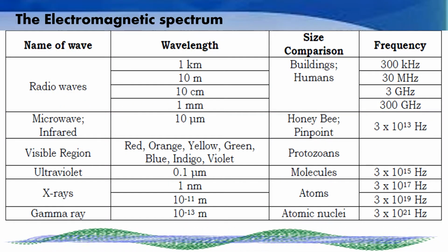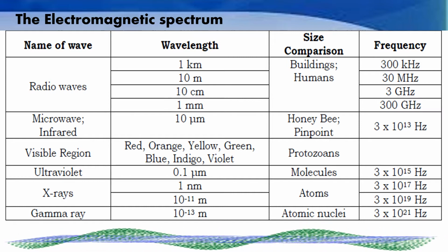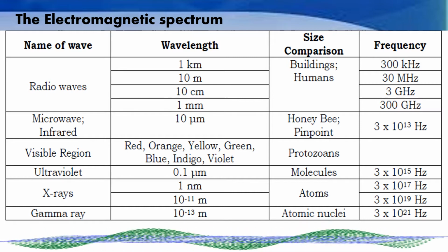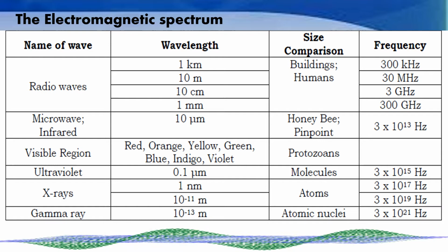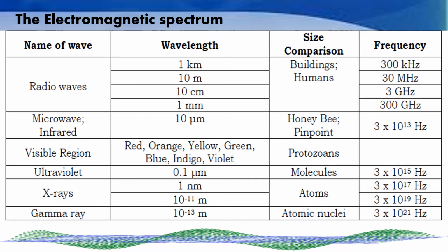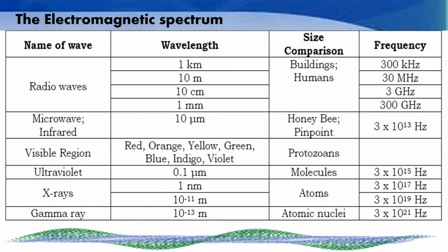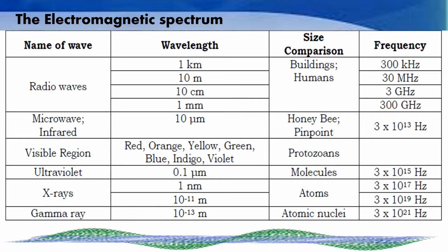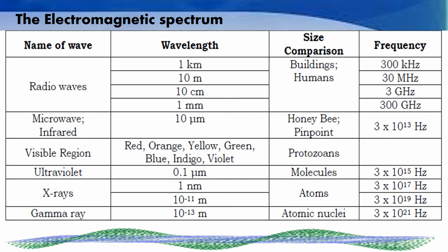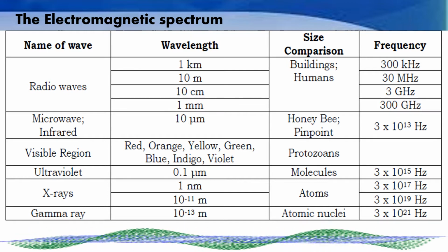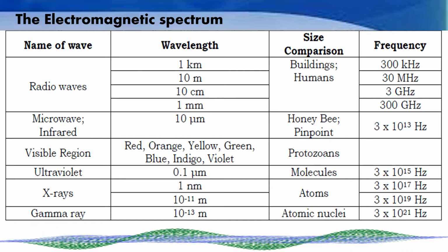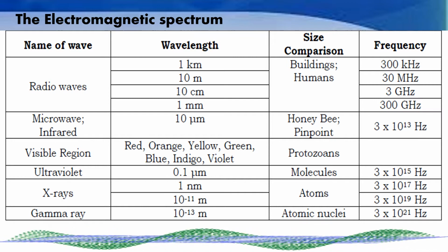So we have here the table of the electromagnetic spectrum. As you can see, please follow the table. You have here the name of wave, which is the radio waves, microwave, the infrared, and the visible region. You have the ultraviolet, the X-rays, and the gamma rays.